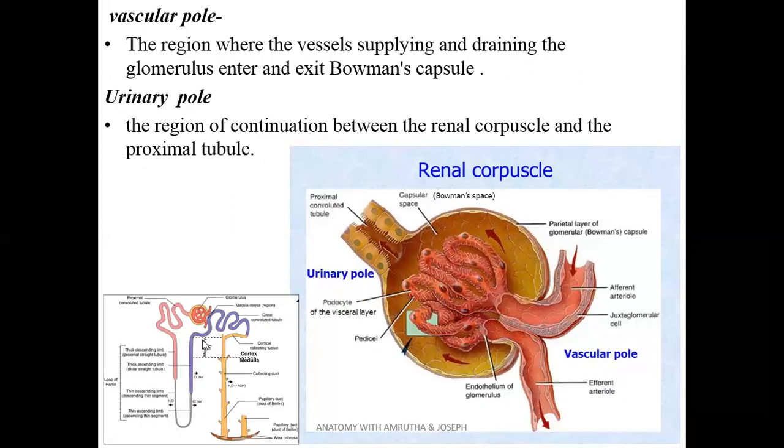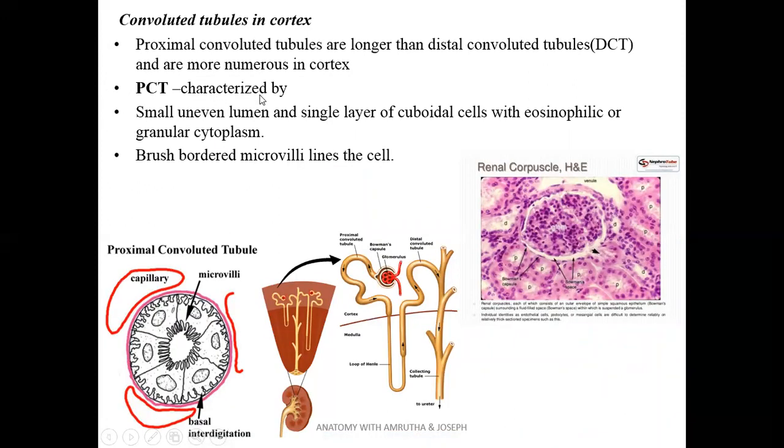Now look at the relation of the renal corpuscle with the DCT. The DCT, as it is convoluted, has a close relation with the renal corpuscle near the vascular pole. The first convoluted tubule here is the proximal convoluted tubule. They are longer than the distal convoluted tubule and more numerous in the cortex.